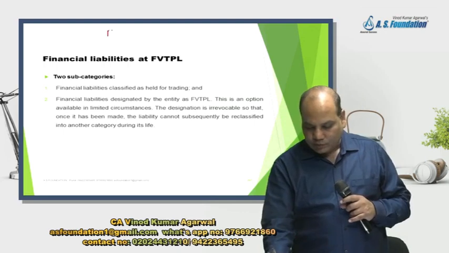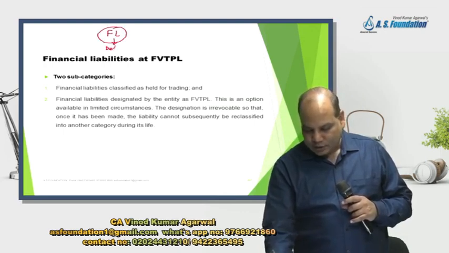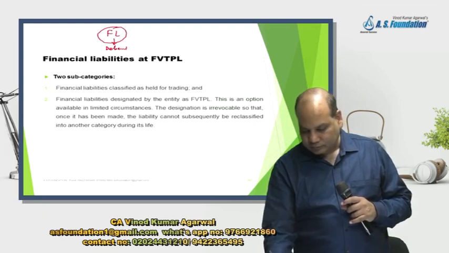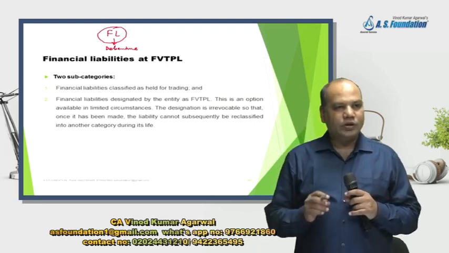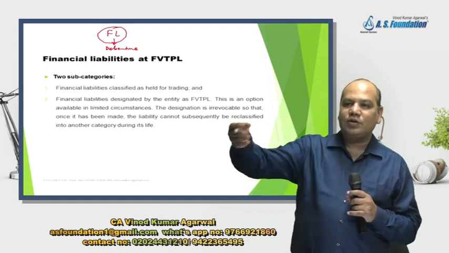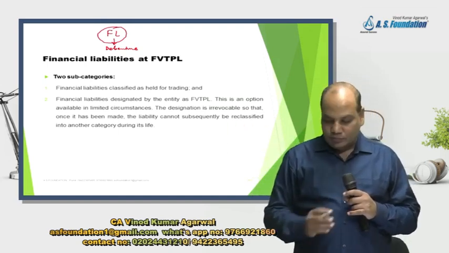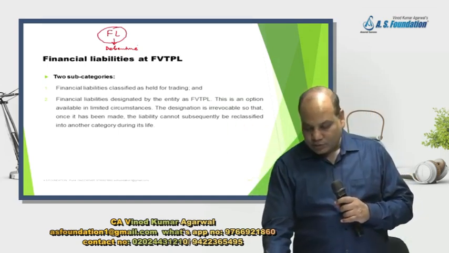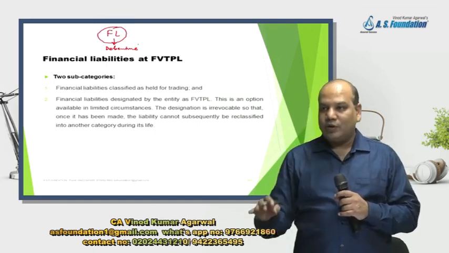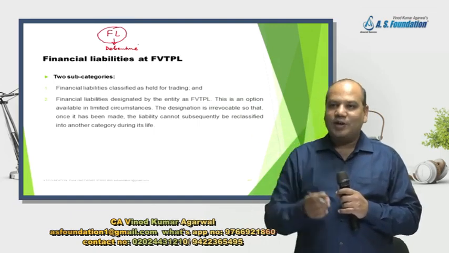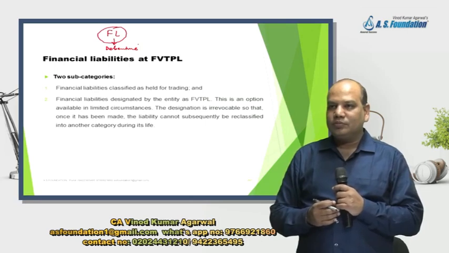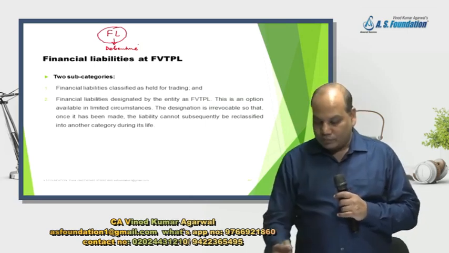Or let us say you have a financial liability, a debt, debenture or a bond. Now there is a risk involved, which I am going to again discuss in the hedging part. If the market rate of interest falls, the value of your liability will go up. Yes or no?